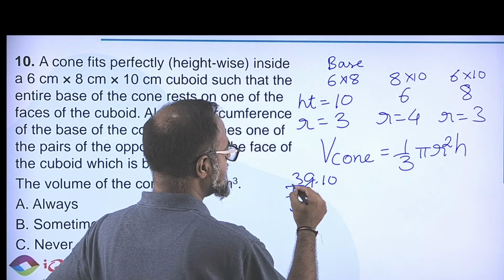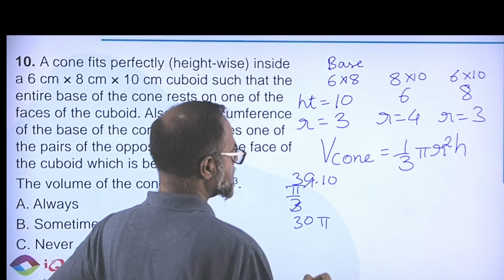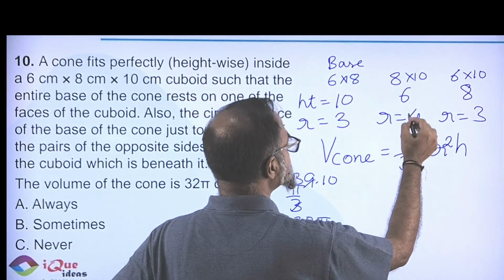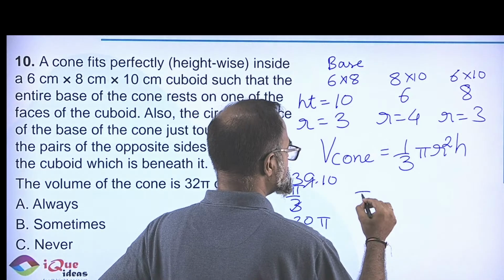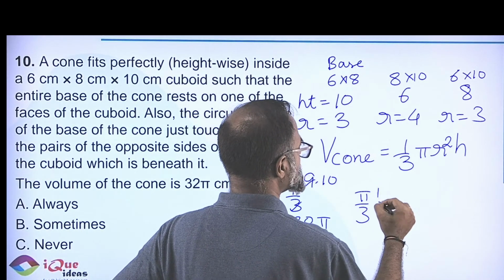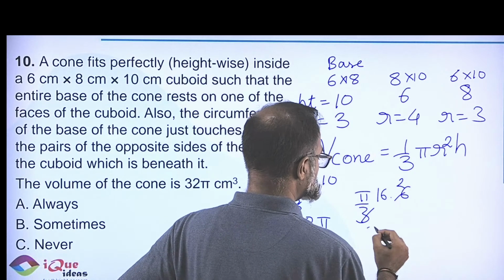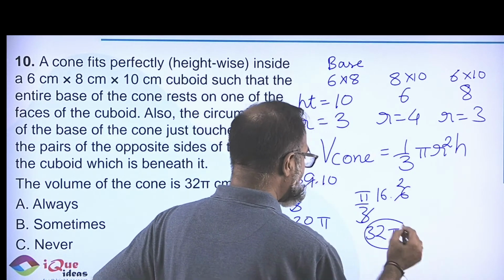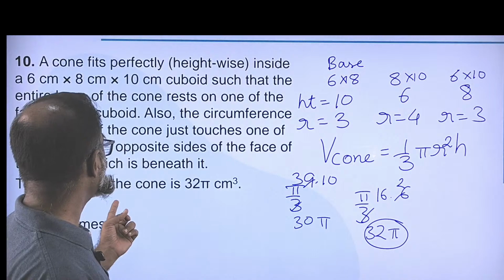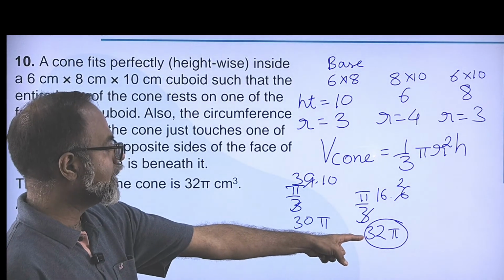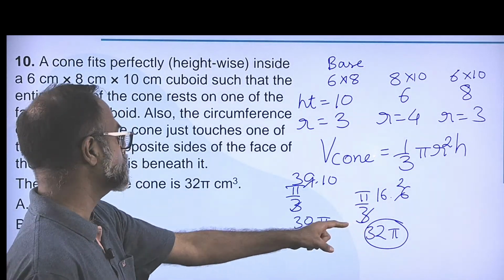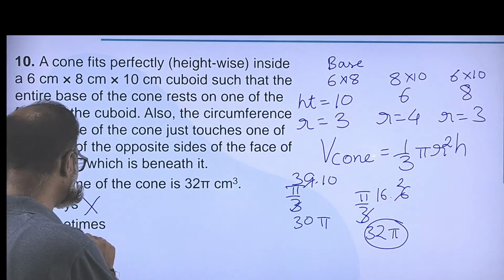So 3 3s are 9, this is 30 pi, nope. When r is 4 and height is 6, so pi by 3 into r square is 16 into height is equal to 6. 3 2s are 6, 16 2s are 32. So 32 pi can be the value, but it is not always the value. So always is out, never is out.